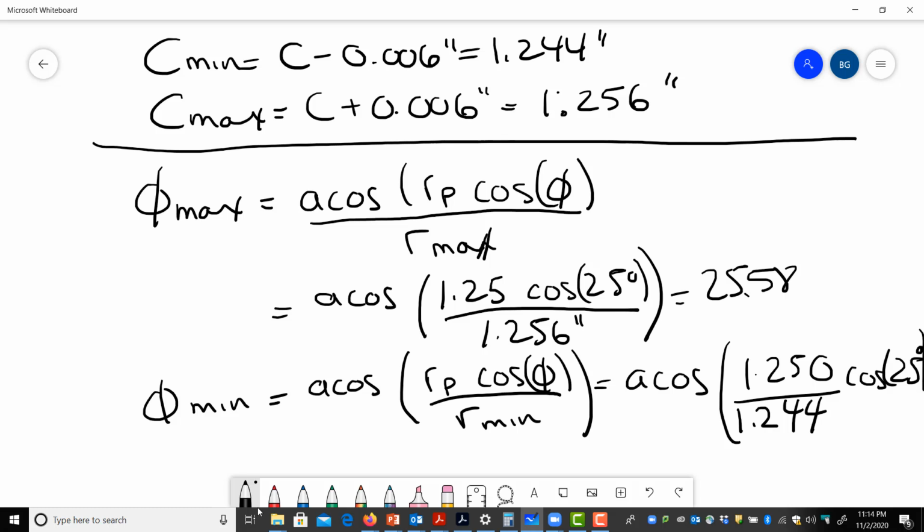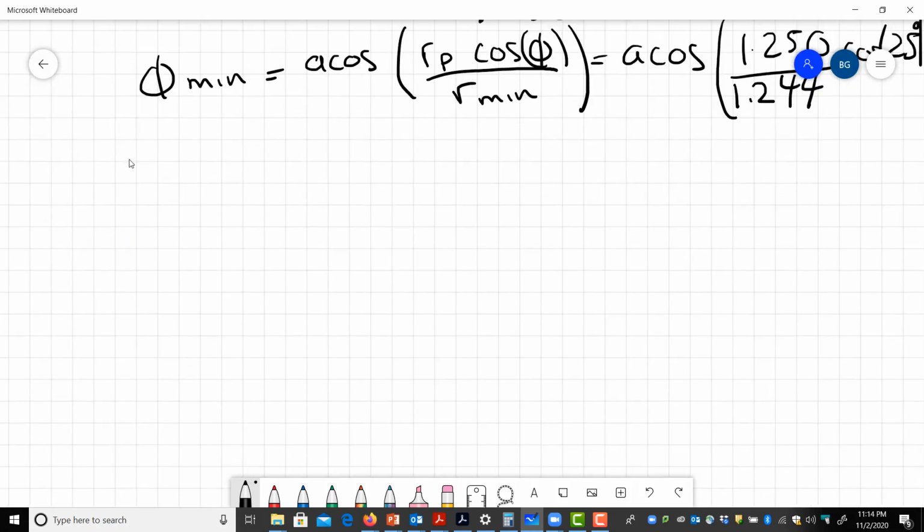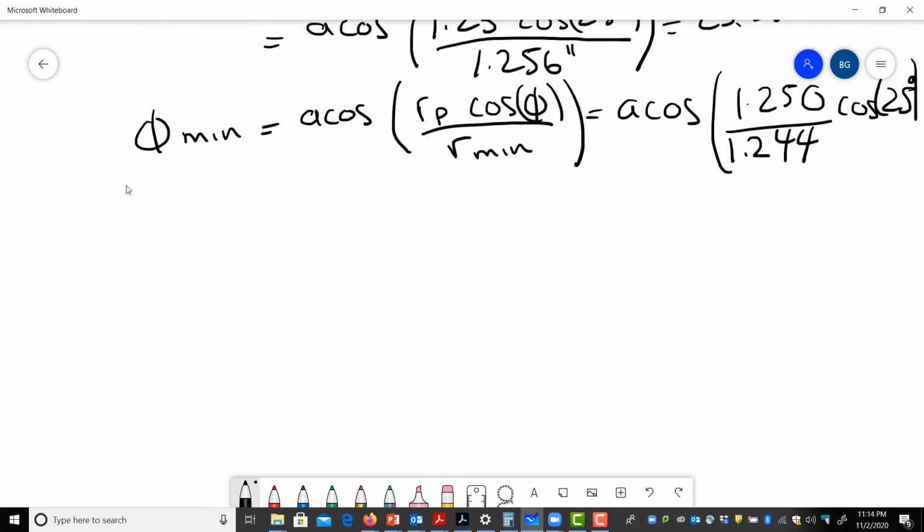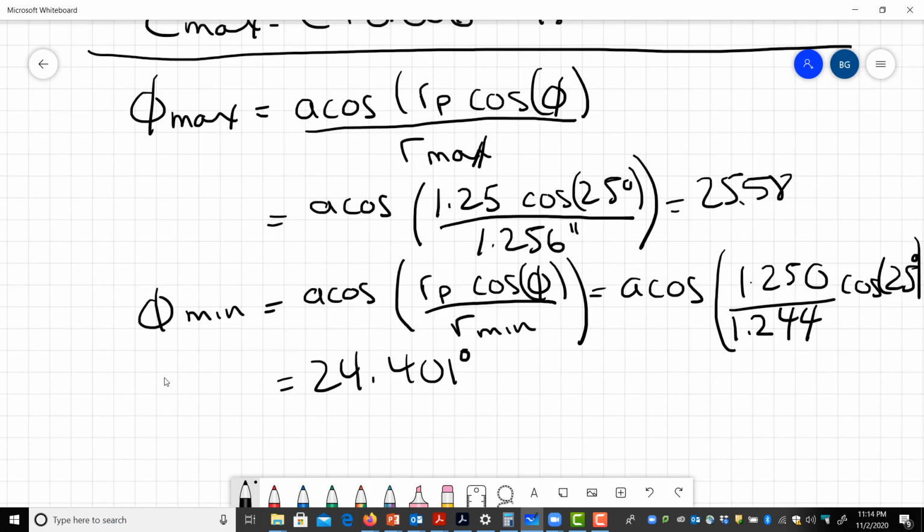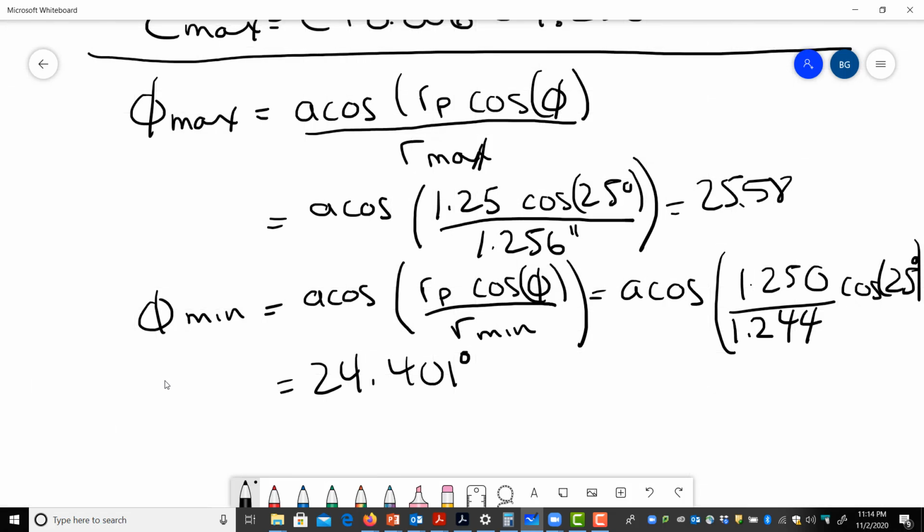Get run off the page here. So let me go over here. Scroll up. So we get 24.401 degrees. So that's if they're super close together, the pressure angle drops. If they're at the far end of the tolerances, it's going to be 25.58 degrees. So you get a little increase in pressure angle.